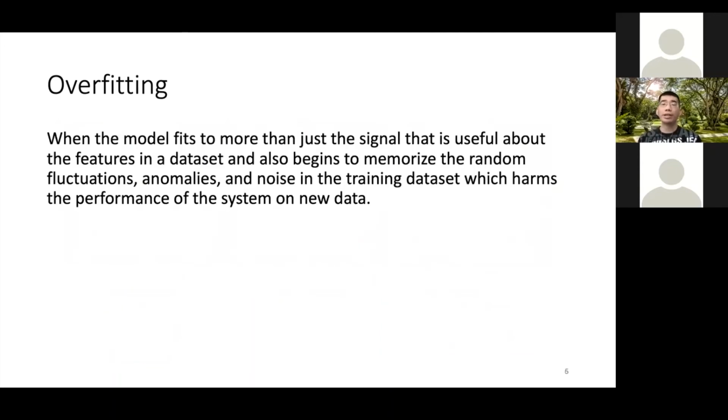So again, overfitting happens when the model fits to more than just the signal that is useful about the features in a dataset, and also begins to memorize the random fluctuations, anomalies, and noise that might be present in a training set. That will harm the performance of the system on any new data.